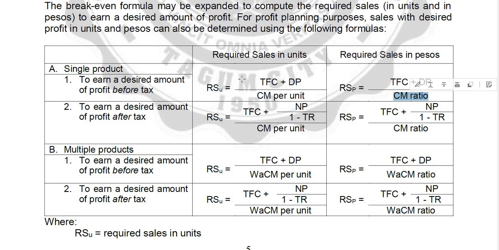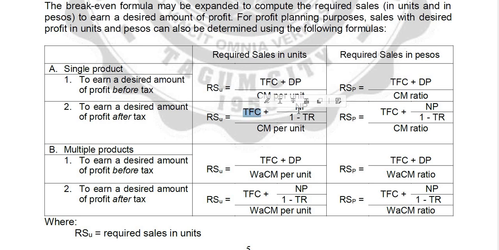So again, if you look at this formula, it is simply modifying our break-even point formula to consider your desired profit. Say, for example, you want to earn a desired profit and this time the desired amount is after tax. This is your formula.